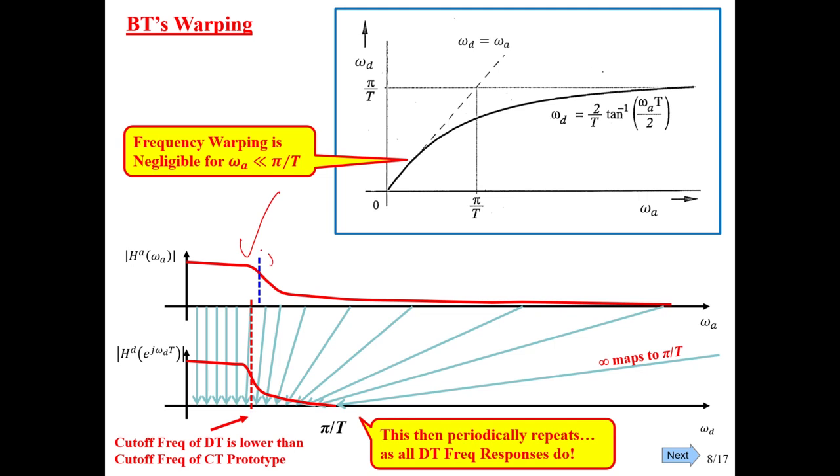So suppose this is actually not our desired cutoff frequency, but we tweaked it upwards just a little bit before we applied the bilinear transform, so that where it ends up is exactly where we want it. And we know exactly how far it gets mapped down, so we should know, if we want it to end up here, where we need to put this. So in one sense, we're going to start with our desired prototype, tweak it upwards a little bit, and then let the bilinear transform tweak it back down.